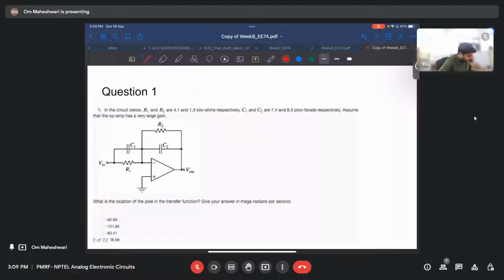So we know C2 is 8.3 picofarad and R2 is 1.3 kilo ohm.